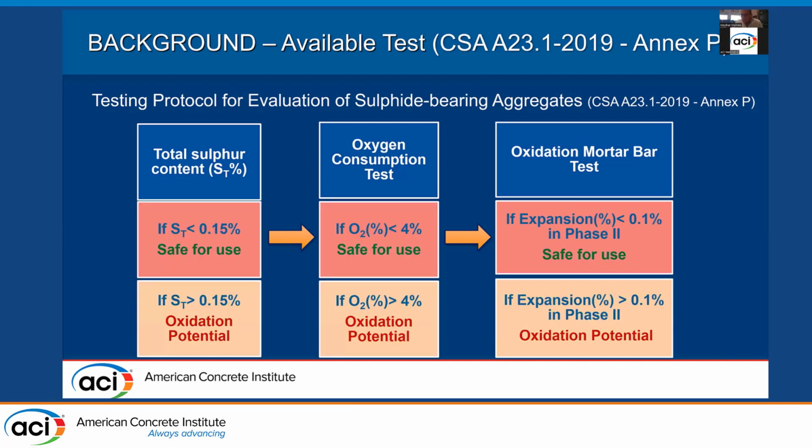What I'm presenting today, and these are just the limits that were proposed by the Annex, is the mortar bar, which is the test that I'm focusing on now, but I'm also going to move to another new test. The focus is on the second phase, which is the sulfate attack. The requirement or limit is a certain expansion limit in phase 2, for reasons that I'm going to present soon.